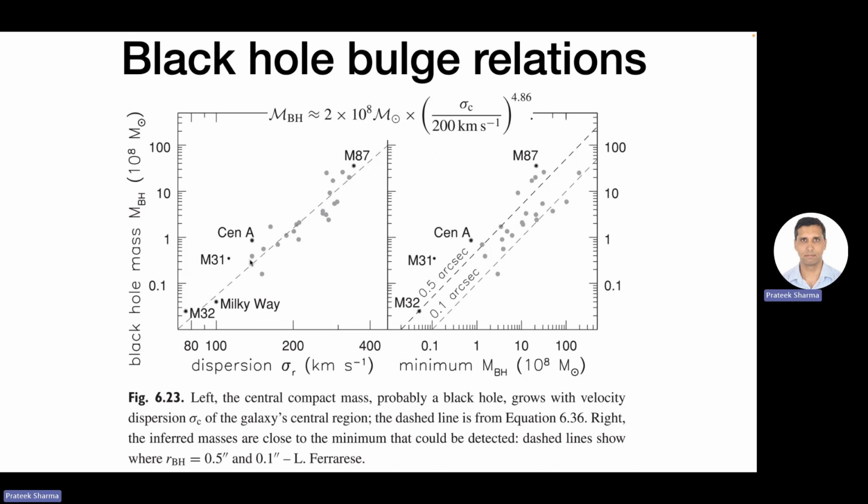But this is again a puzzle. Why should the black hole, which is so tiny, sitting at the center, have anything to do with the depth of the potential well of the halo? Sigma squared is essentially the depth of the potential well of the halo, which is hundreds of kiloparsec. The sphere of influence of these black holes is at maximum 100 parsec, and in the Milky Way case, it's 0.1 parsec.